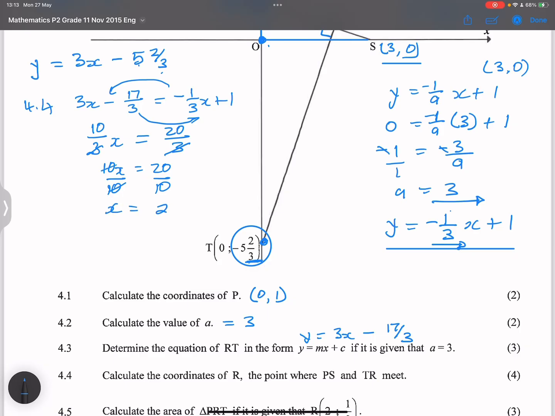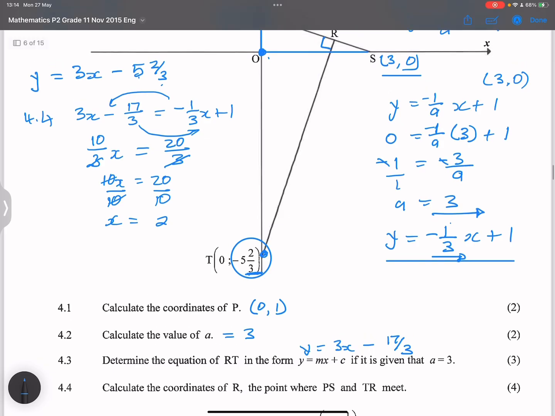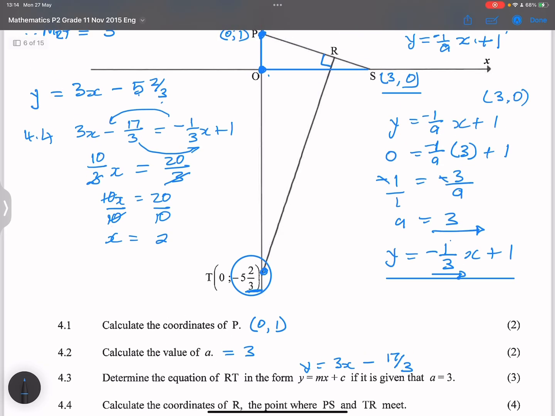So they intersect at the point where x is equal to 2, but remember, we're looking for the coordinates of R. So I am going to find the y value, and we can do this by substituting in any of the two equations. So y is equal to -1/3 times 2 plus 1.